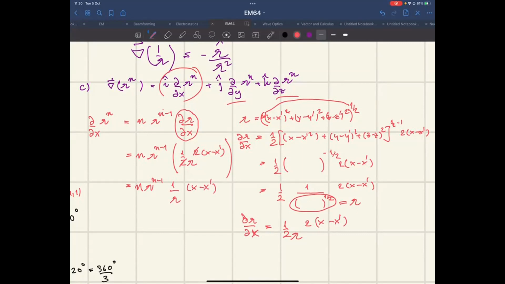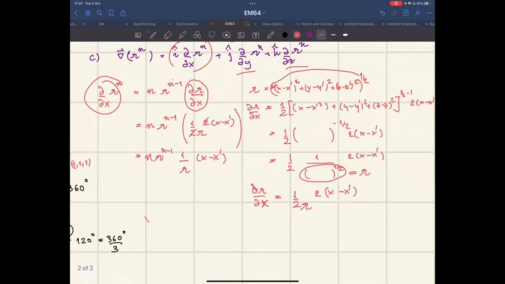Okay, this thing is only for x here. So if we write down the whole thing, it equals i here, right? And we have the whole system here, n to the n minus 1 divided by r, and x minus x prime here.